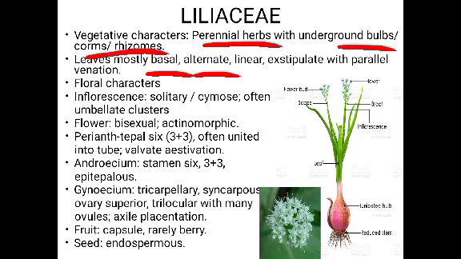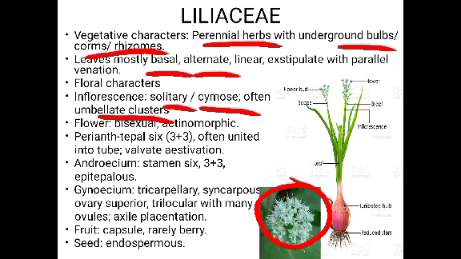Now when we see the floral characters, in the inflorescence, the flower can be solitary. Solitary means a single flower, or it can be cymose, often umbellate clusters. What you are seeing here is a cluster. It is said to be umbellate. Umbel is one type of inflorescence.